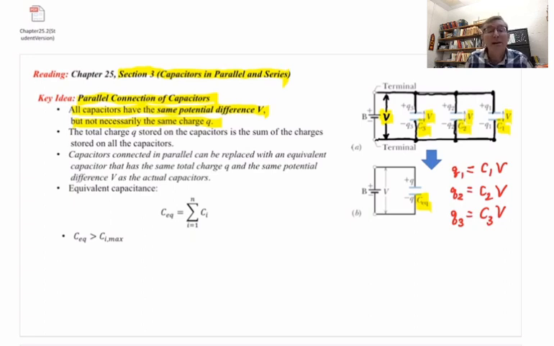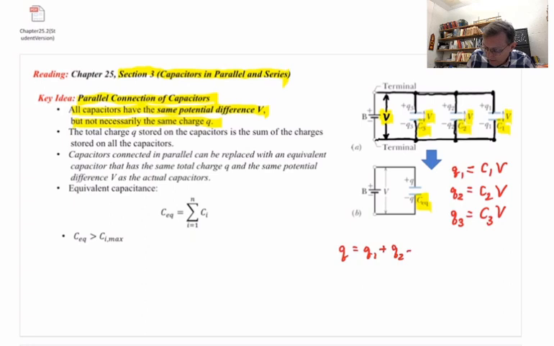We want to be able to calculate that equivalent capacitance. And the trick is to say that the total charge stored on all three capacitors must be the charge on this equivalent one.